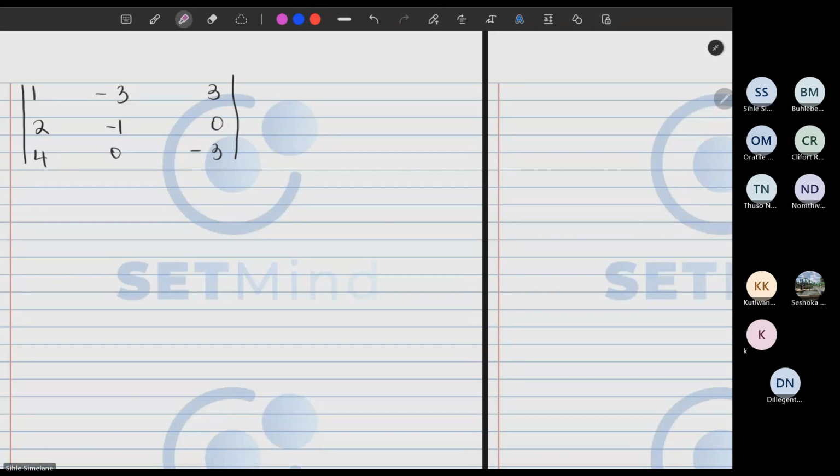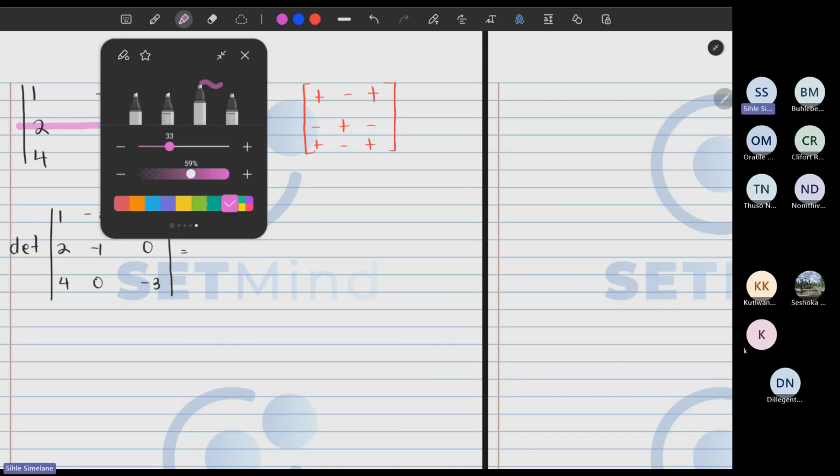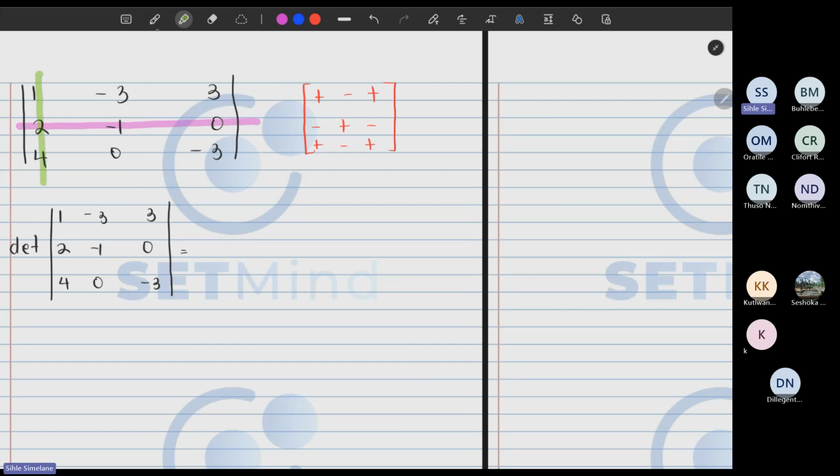Anyone? Let's use rule 2. So what should I put in after the equal sign? Anyone?